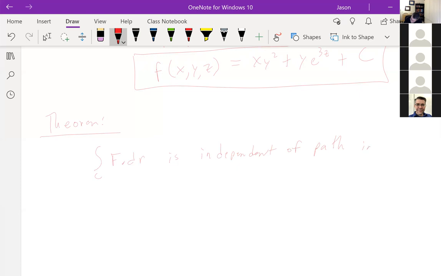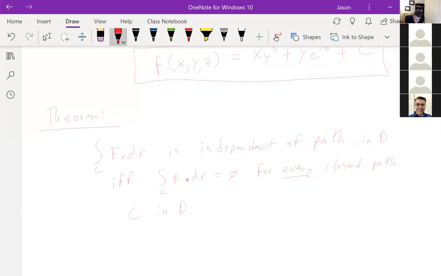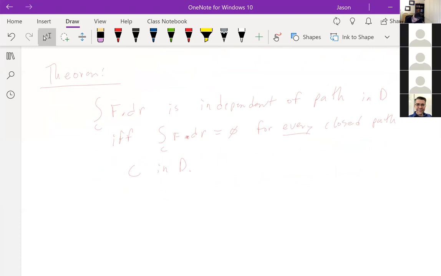In our domain D, if and only if the line integral of f dot dr is equal to 0 for every closed path C in D. So what does this mean?